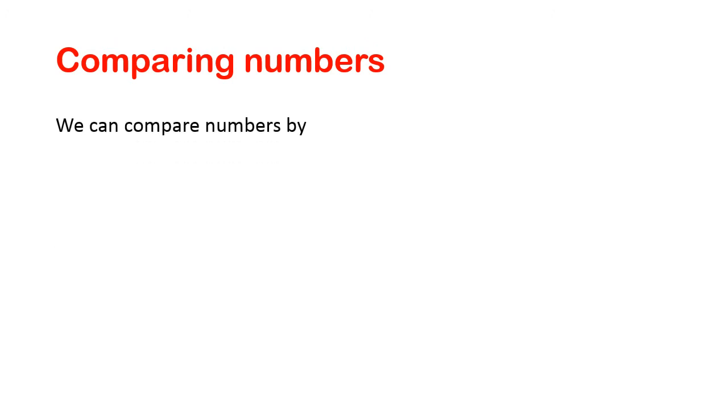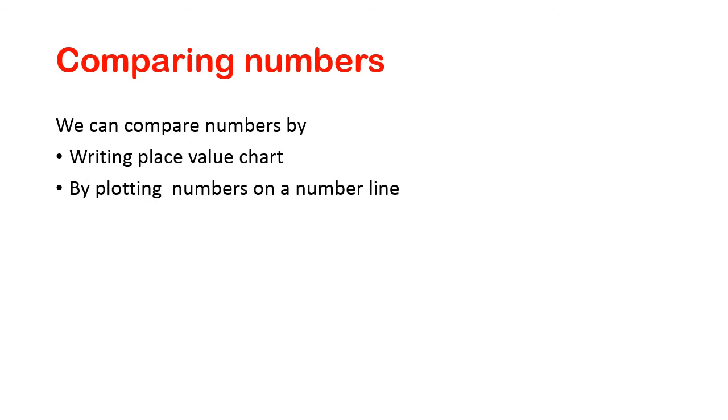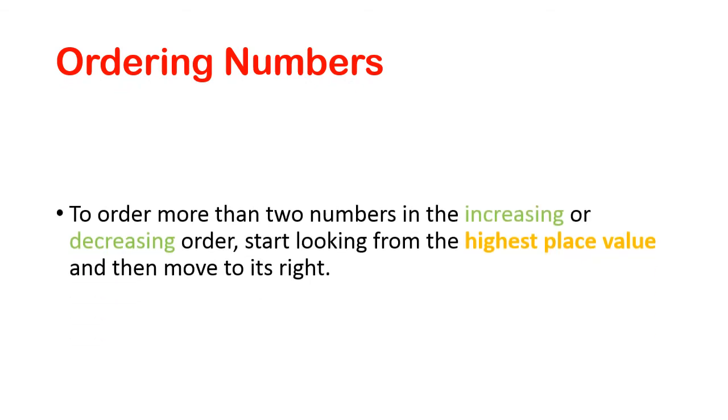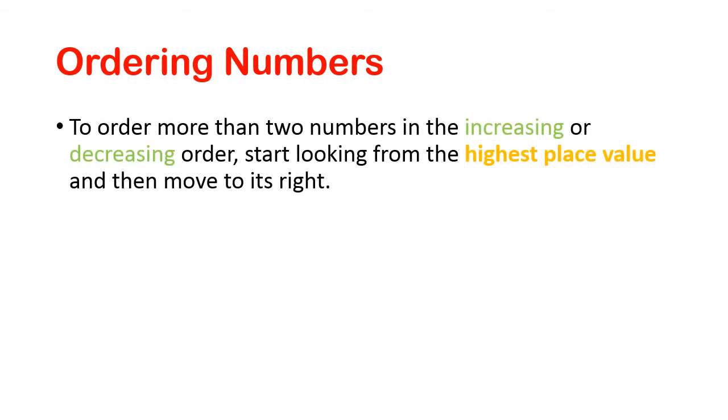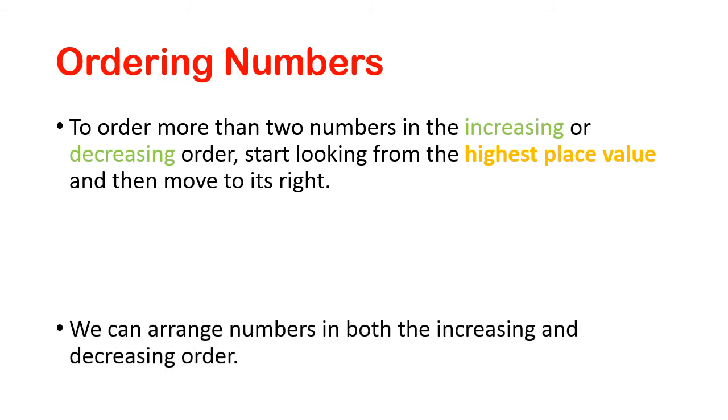Okay, we can compare numbers by these ways: writing a place value chart, by plotting numbers on a number line, then by making an abacus. So we can use these three ways. Okay, today we are going to use only one way, that is writing a place value chart. Okay, ordering numbers. To order more than two numbers in the increasing or decreasing order, start looking from the highest place value and then move on to its right.